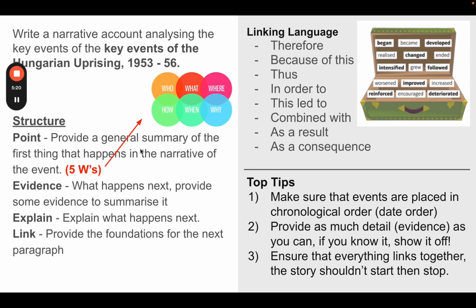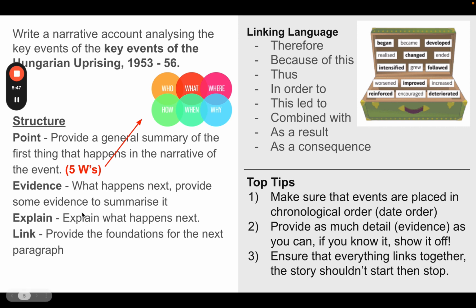Who, what, where, when, why, and also how. Once I've done that, I want to talk about what happens next, but I want to provide some kind of evidence that will be able to summarize it effectively. Then I go on and I explain what happens next, and then in my final sentence, I try and provide the foundations for the next paragraph, so I start alluding to what's going to come next.